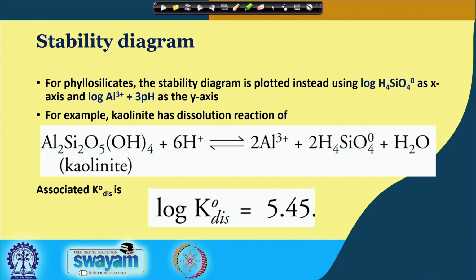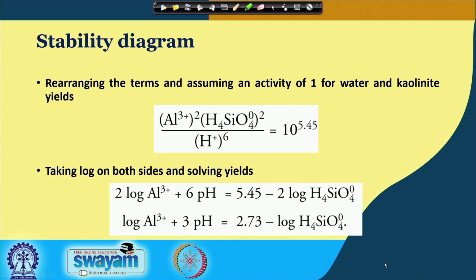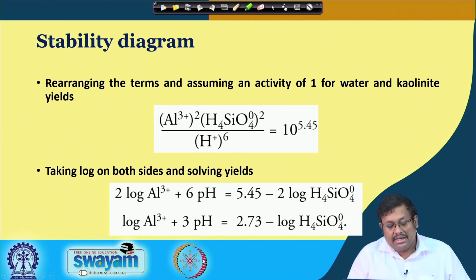The associated dissolution constant can be calculated as 5.45, and from there we get the simplified reaction, as you can see here: log Al3+ plus 3 pH equals 2.73 minus log of H4SiO4. This negative log of H4SiO4, also known as pH4SiO4, is basically the negative logarithm of the silicic acid concentration.